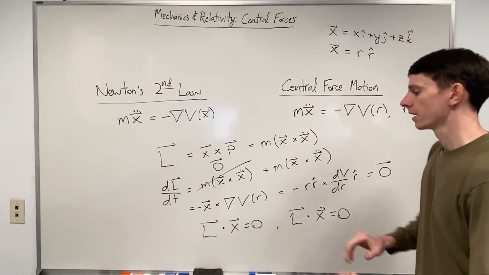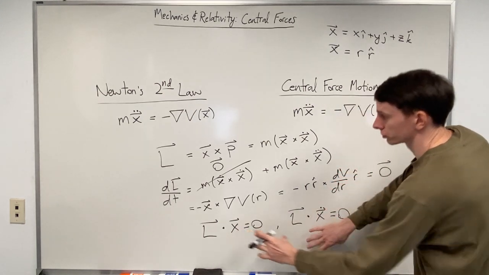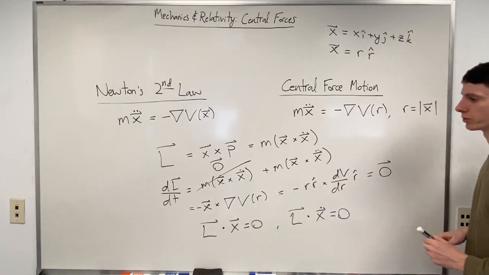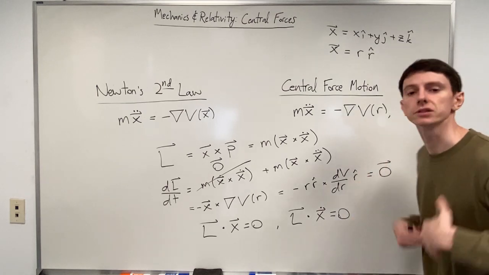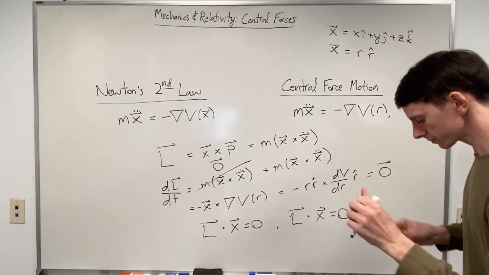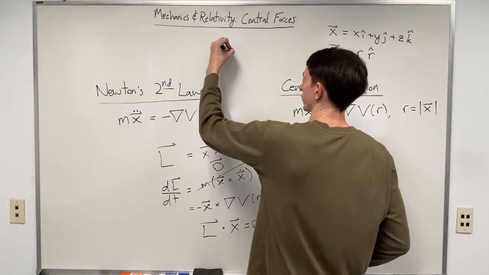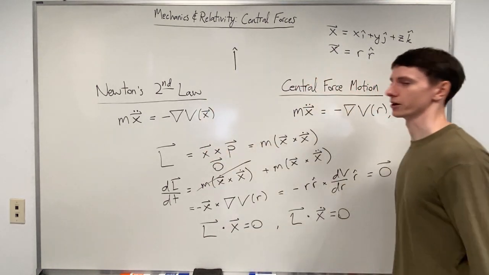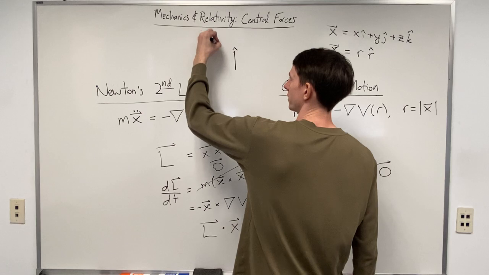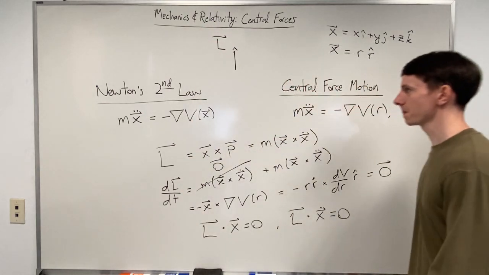Okay. Now, how can we use these statements in combination with the fact that angular momentum is conserved to tell us about the motion of a particle? So I'm just going to draw out an arrow pointing up. We're going to call this arrow our angular momentum.